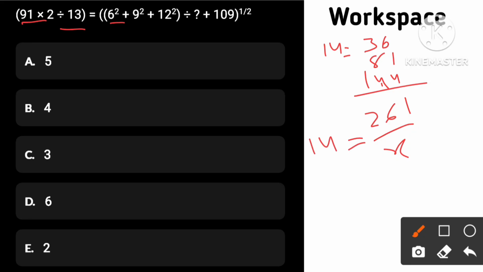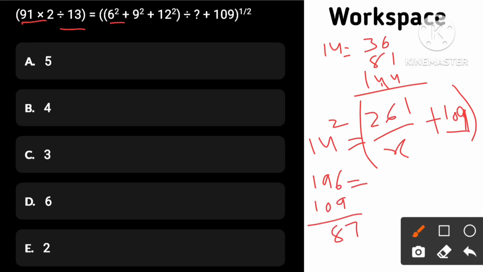This will be equals to 14 plus 109 whole power 1 by 2. So whole power 1 by 2 comes other side with the 14 square. 14 square will be 196. And here 109 comes other side with minus. So what we have is 87. 87 equals to 261 divided by x. So x value will be 3. So option C is our answer.